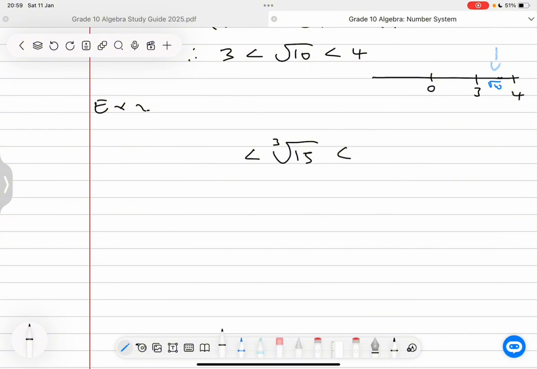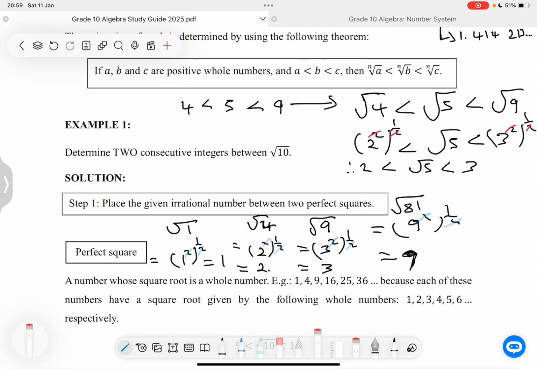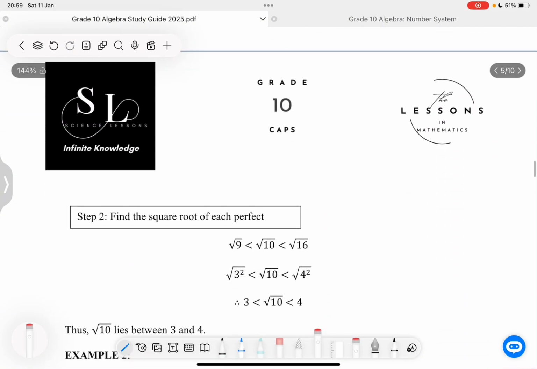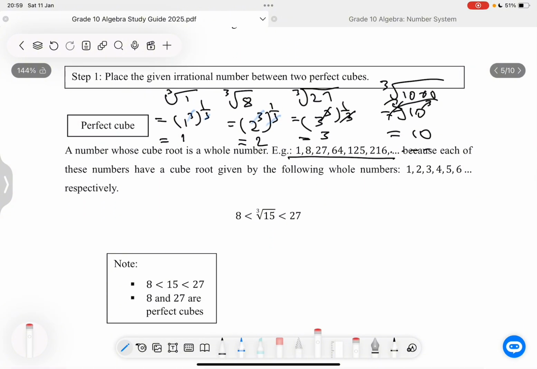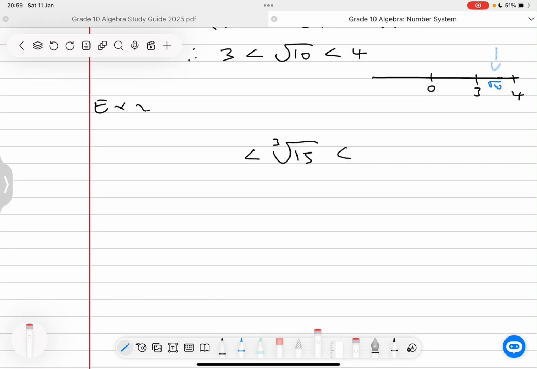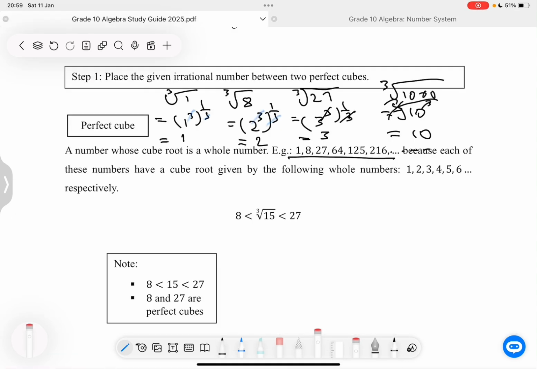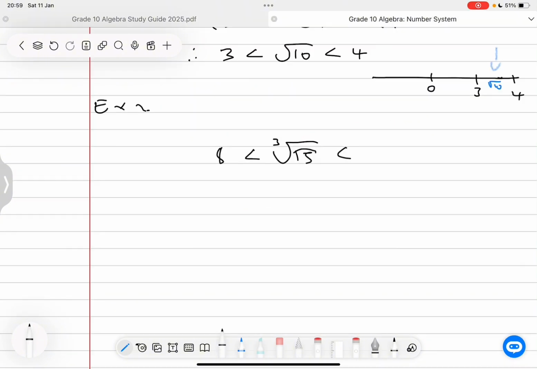So the perfect cube that is less than 15 would be an 8. You can see that number here is going to be an 8. But the perfect cube that is bigger than 15, on this side, is going to be 27.